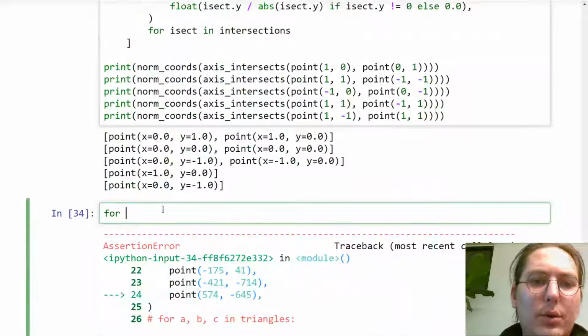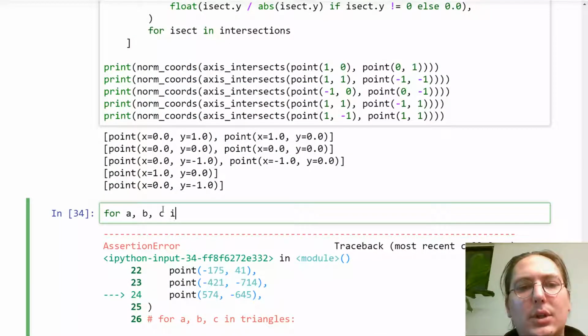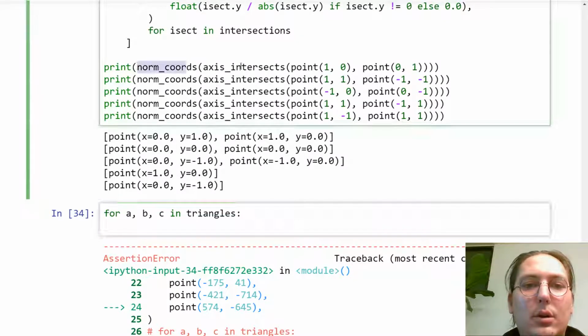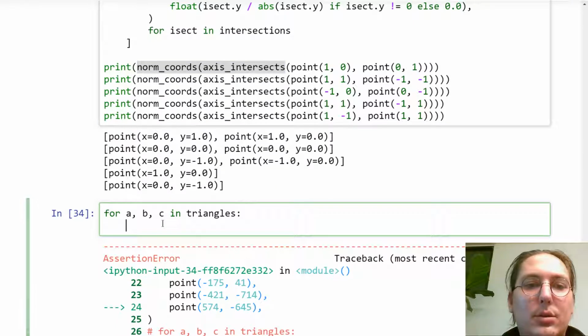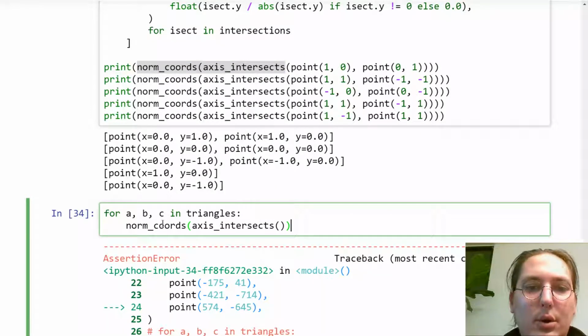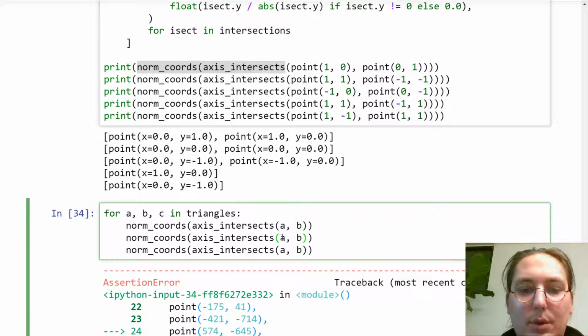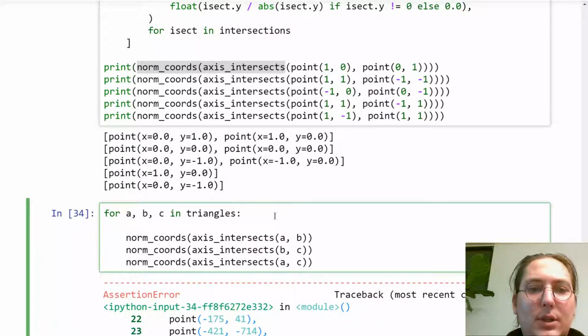So for A, B, C in triangles, I want to see the normalized axis intersects for A with B, B with C, and A with C. And I want to put all of that into a set.